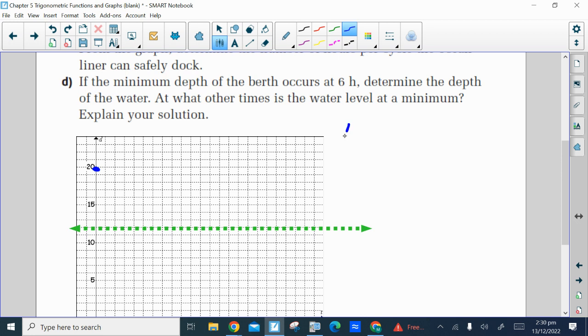So let's find out what the period is by going to 2 pi divided by b. Our b value here is pi on 6. Dividing by pi on 6 is the same as multiplying by the reciprocal, 6 over pi. The pi's cancel, and you'll get 12.